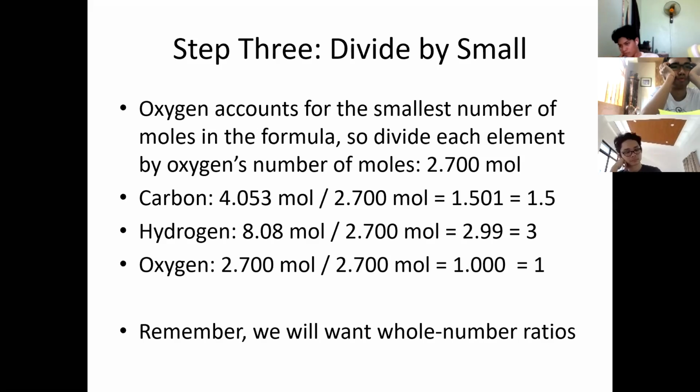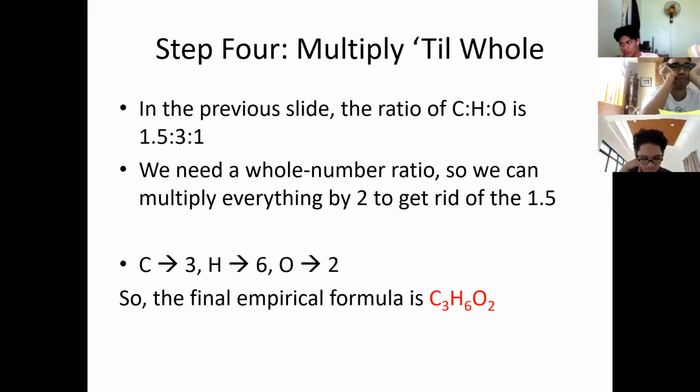And how are you going to make it a whole number? That's step number 4 then. Multiply till whole. Since 1.5 can be made into a whole number by multiplying it by 2, or for us to easily find the value to multiply, let's change it to a fraction. 1.5 is 3 halves.